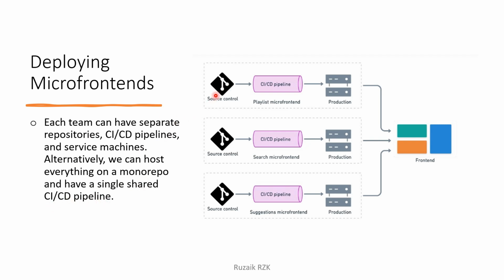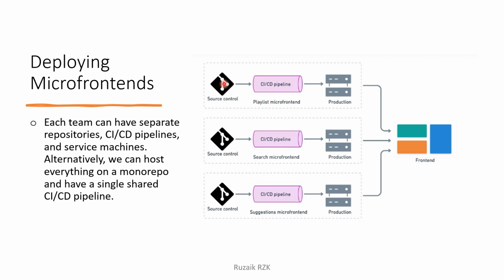So when we deploy micro frontends, we need separate repositories and CI/CD pipelines, because the micro frontends are developed separately by separate teams. So we need separate CI/CD pipelines and source control. And likewise, there are three micro frontend projects with three repositories and CI/CD pipelines.